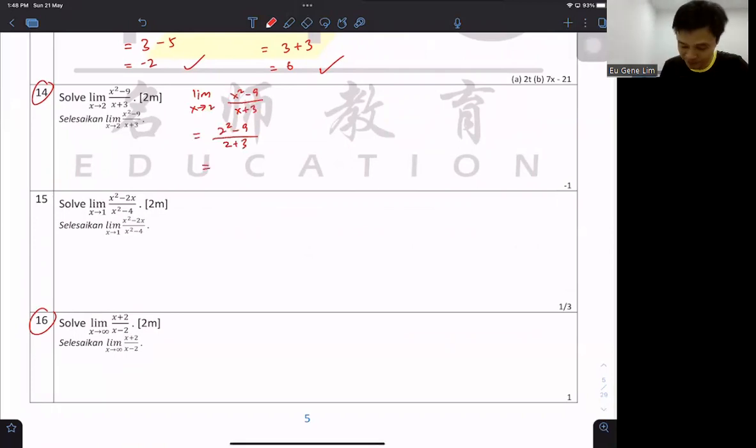Oh, no problem, because it is over 5. Over 5 means you don't have to worry. 2 plus 3 is 5. Then on top is negative 5. Negative 5 over 5, the answer is negative 1. So if it's very normal, then you just sub.